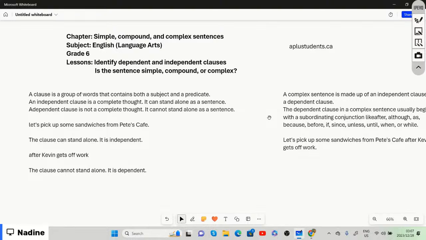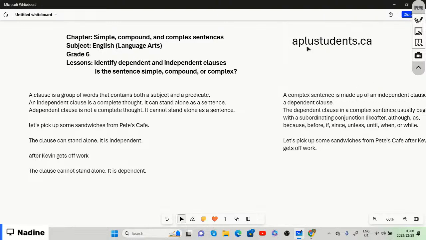And the lessons that we are going to be focusing on under this chapter are to identify dependent and independent clauses, and is the sentence simple, compound, or complex. And we are doing our tutorial lesson on aplusstudents.ca.